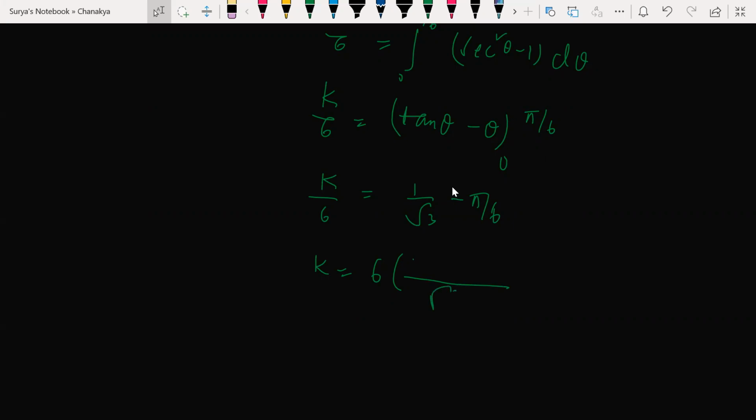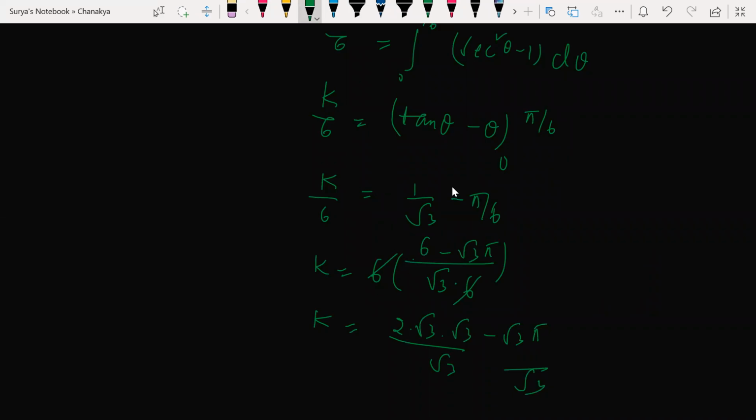The LCM is 3 root 3 into 6, so here 6 minus root 3 pi. This 6 will get cancelled. So the k value is 2 into 6 can be written as 2 root 3 minus root 3 pi by root 3.